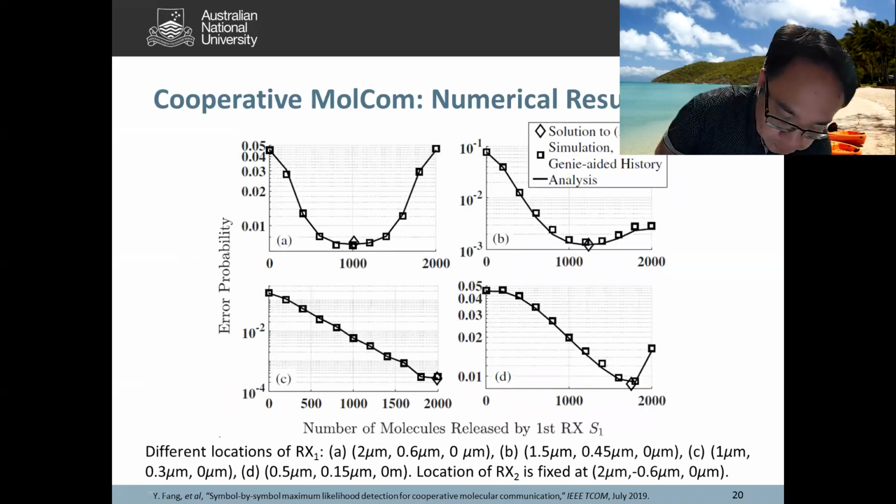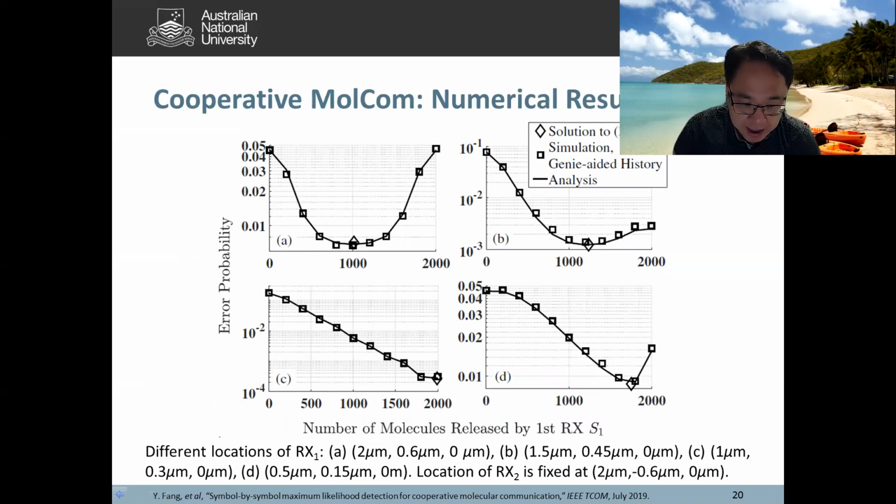And after that, we also consider the impact of different locations of receiver 1 while considering a fixed location of receiver 2, and plot the error probability in different figures. So we can see that for some of these locations, the error performance will typically reduce and then increase when we increase the number of molecules released by the first receiver.